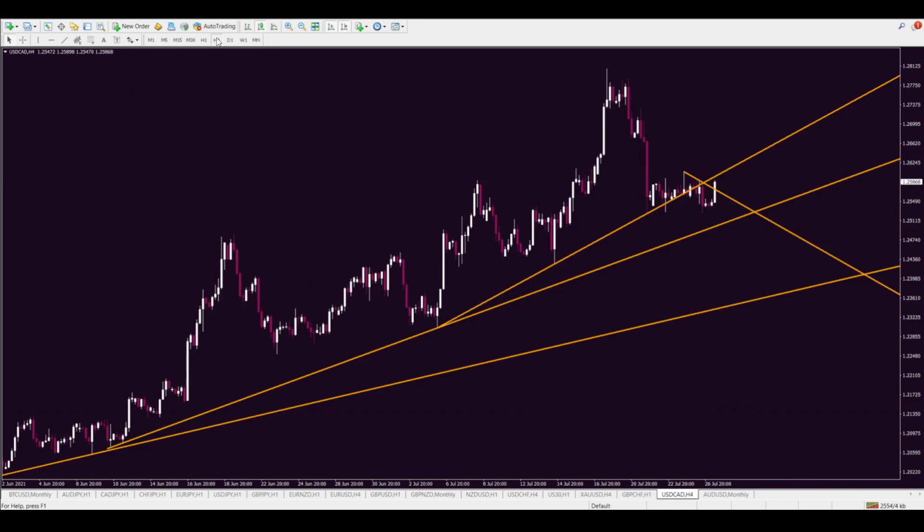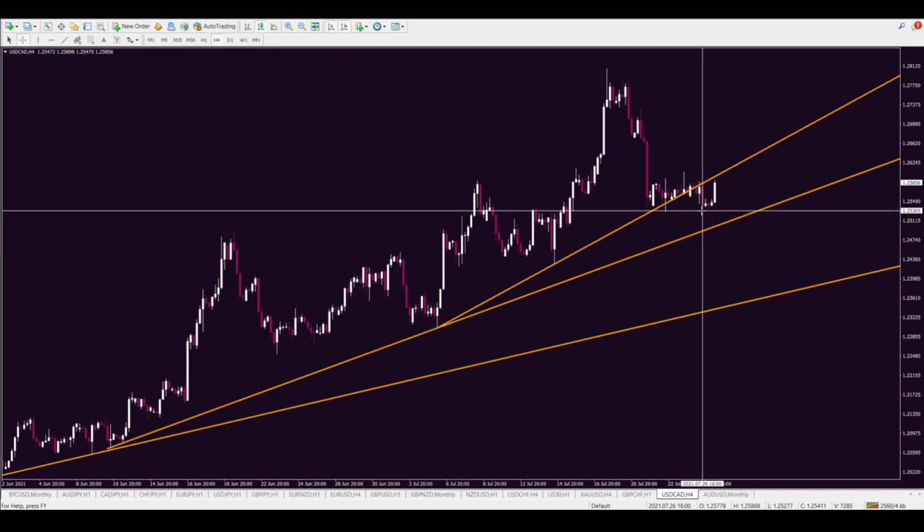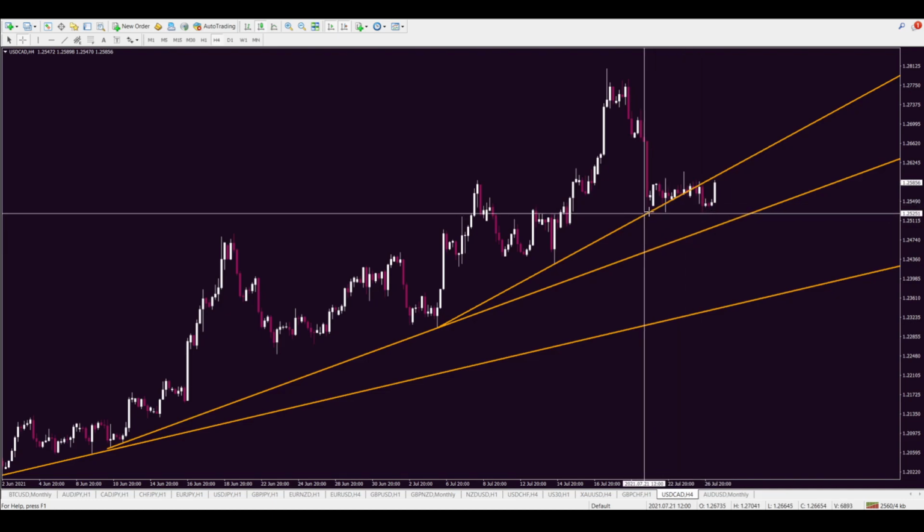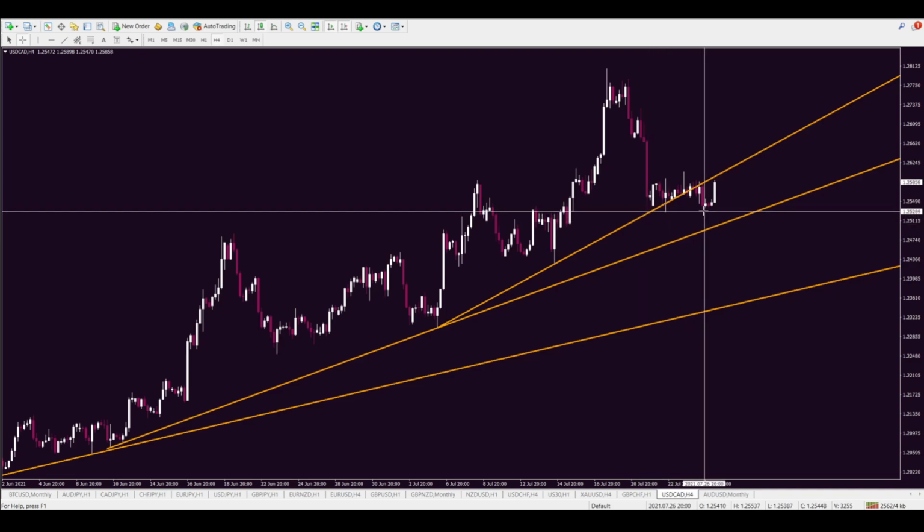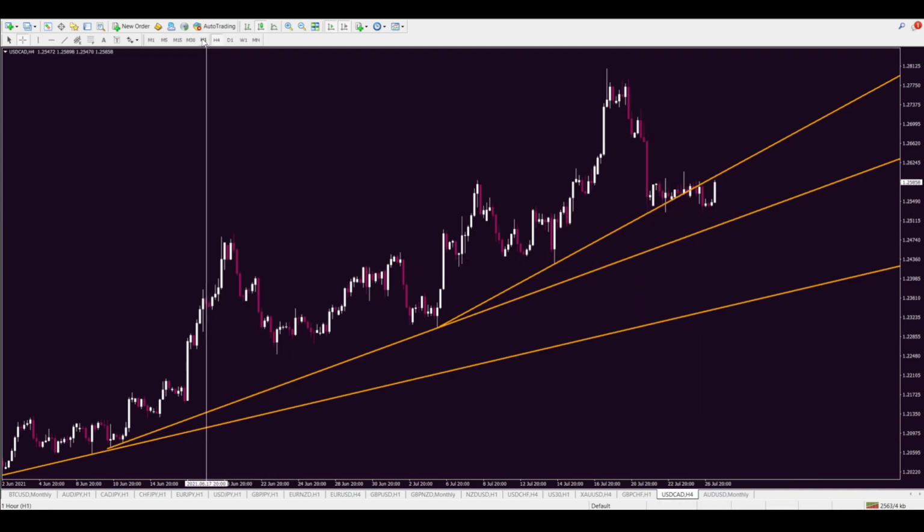H4, we're, let's say maybe, yeah, we're bullish. This area is very interesting because we had strong support. So we have 1, 2, 3.